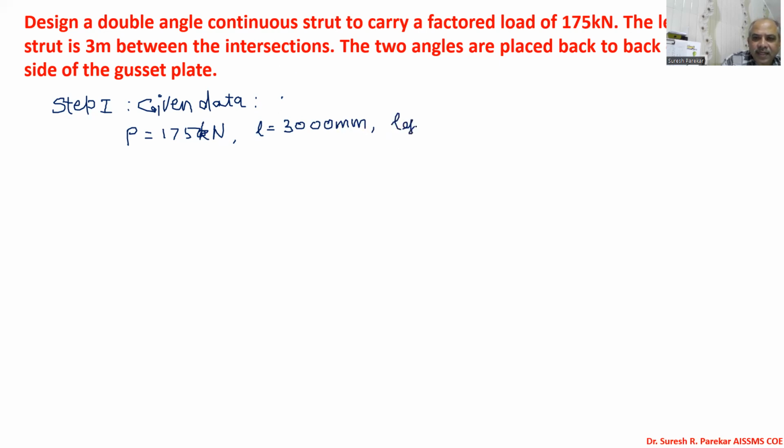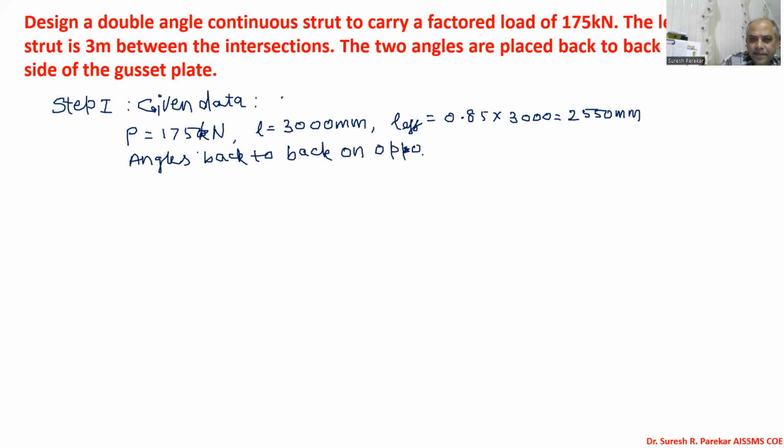So L effective we can consider as 0.85 into 3000, and we have this value, 2550 millimeters. And then we have angles back to back on opposite side of the gusset plate.